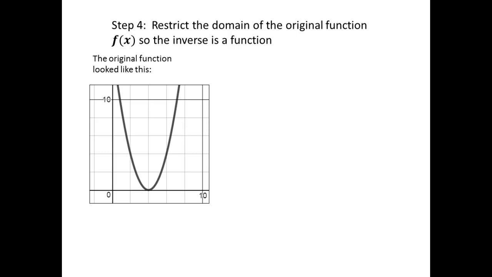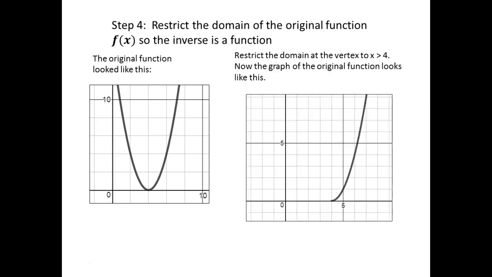Now we're talking about restricting the domain of this so that my inverse is a function. So this is what I'm going to do. I'm going to restrict the domain at the vertex to all values of x that are greater than 4. All right, that's what that looks like. So basically, I have half of my parabola.